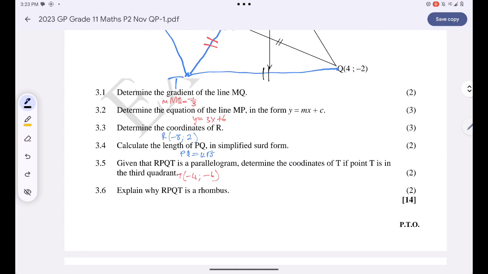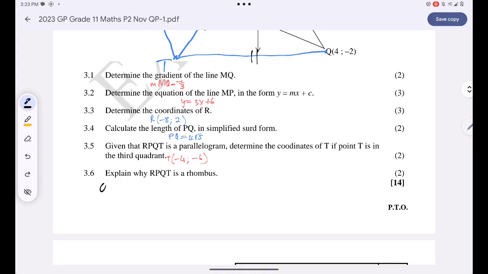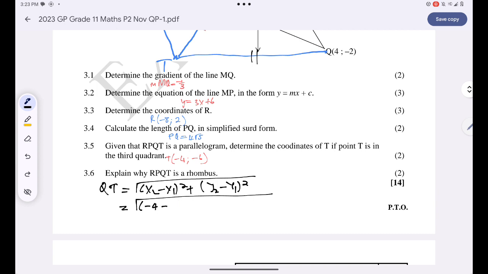Let us find the length of QT. QT is simply equal to the square root of x2 minus x1 squared, plus y2 minus y1 squared. I'll have the x value at T, which is negative 4, minus the x value at Q, positive 4, all squared.